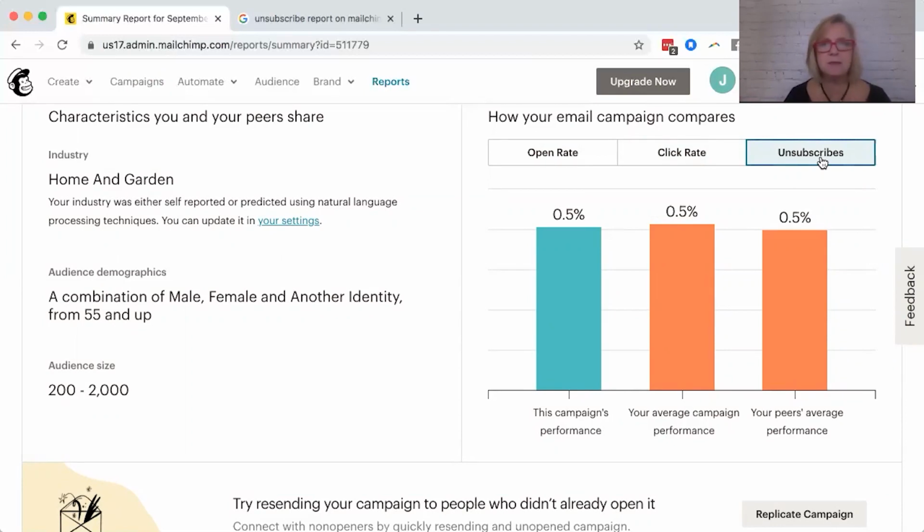Maybe they signed up to get your special, and now they're just getting too much email in their inbox. Things aren't relevant to them anymore. They changed their email address, so they signed up under a different email address, and now they're still getting things under this address. So there's lots and lots of reasons that people will unsubscribe.